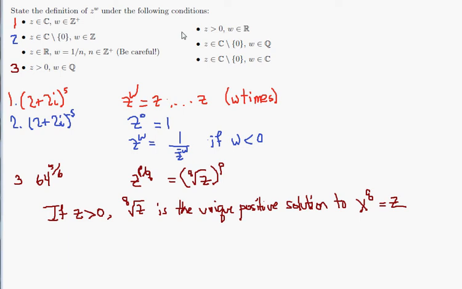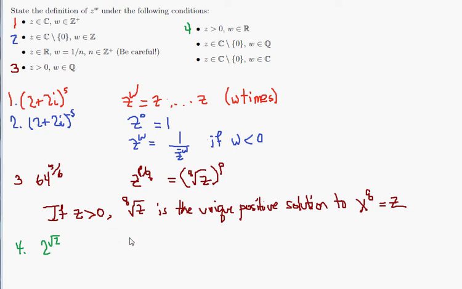Let's take number 4. Now suppose I don't have a rational exponent, but I have a real exponent. So number 4 would be something like 2 to the square root of 2. How do we define that?